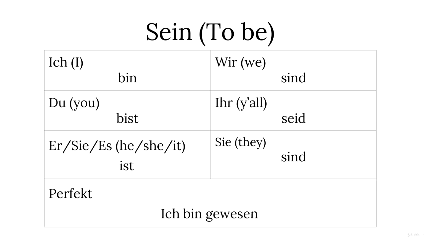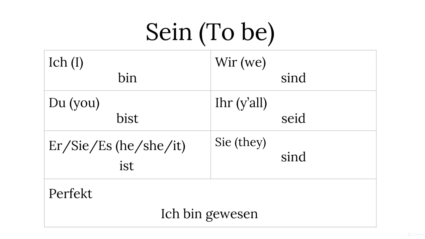However, in the present perfect or in the Vergangenheit, you say ich bin, the pronoun, plus the present form of the verb sein, plus gewesen. And gewesen comes from the verb sein.